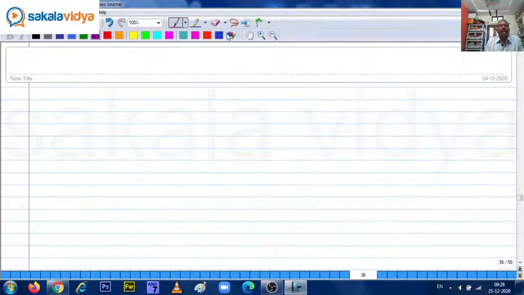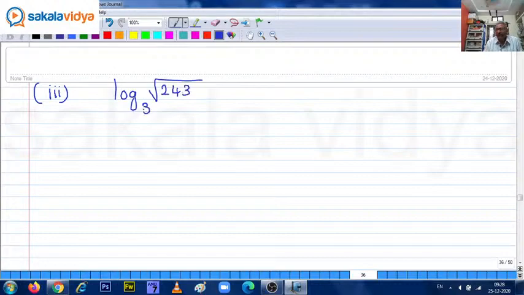Okay, now problem number 3. Log of root over 243 to the base 3. So we need to find this value. Solution.